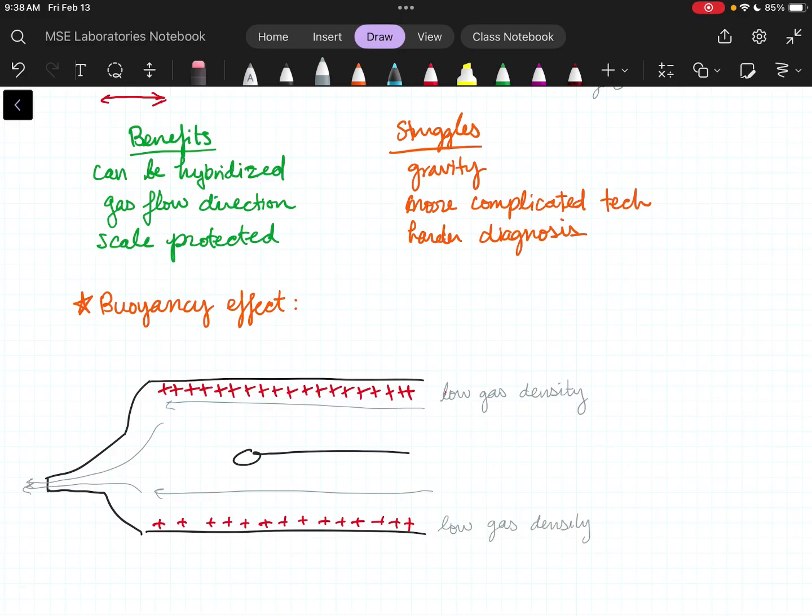So let's say I've got nitrogen, and at room temperature, the nitrogen is just consistently flowing through and then out. When I start to heat up the furnace, it's going to be the walls.